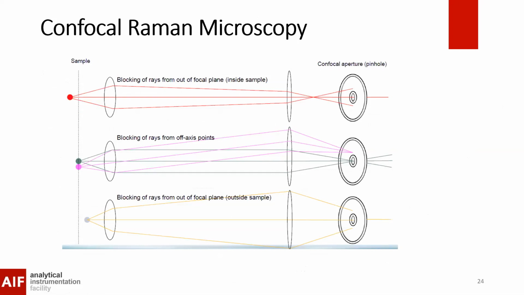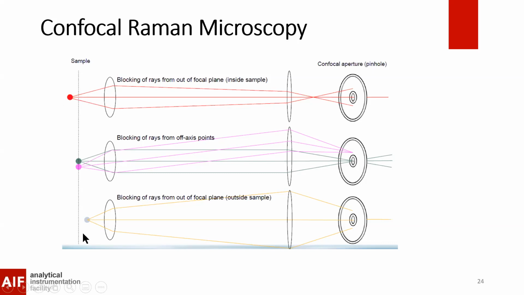All right, so now let's take a deep look at how confocal Raman microscopy works. The magic part of confocal microscopy is the so-called confocal aperture pinhole, as we mentioned earlier. This pinhole makes sure only light coming from the confocal plane and position can pass through and reach the detector. As we can see from the diagram, only the light from this green spot can go through this pinhole.